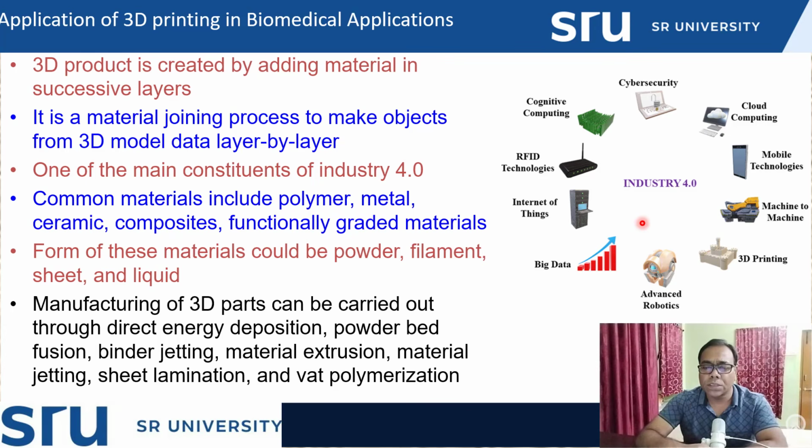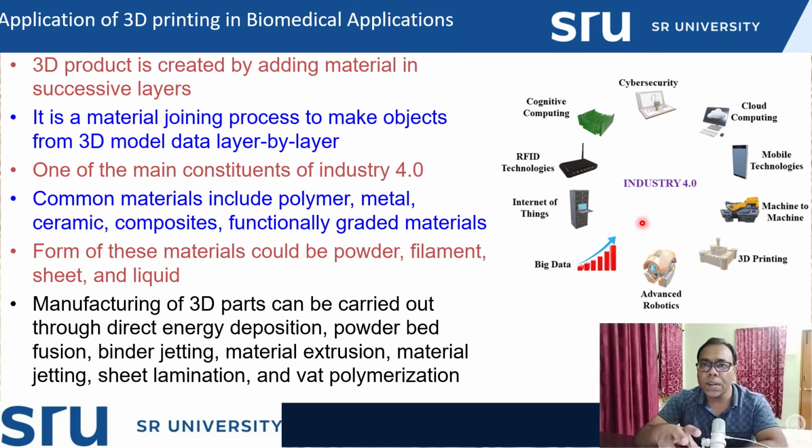Some of the manufacturing can be carried out through direct techniques. It can be direct energy deposition, powder bed fusion, or binder jetting. Similarly, material extrusion, which we call the FDM technique, material jetting, sheet lamination, or photopolymerization, which we also sometimes call polymerization.